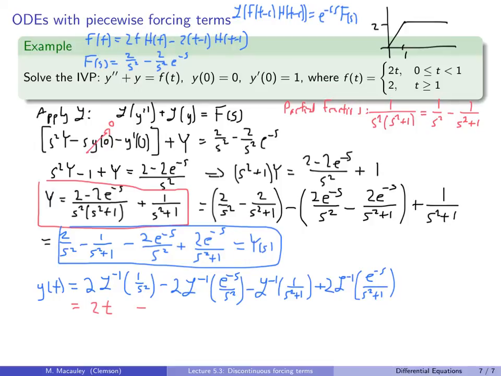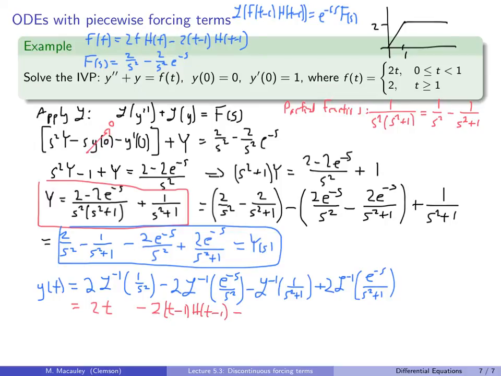So F of s is 1 over s squared. The inverse Laplace of that is going to be t. So negative 2t, but we have to shift by 1. So c here is 1. So instead of t, I need to write t minus 1 times h of t minus 1.